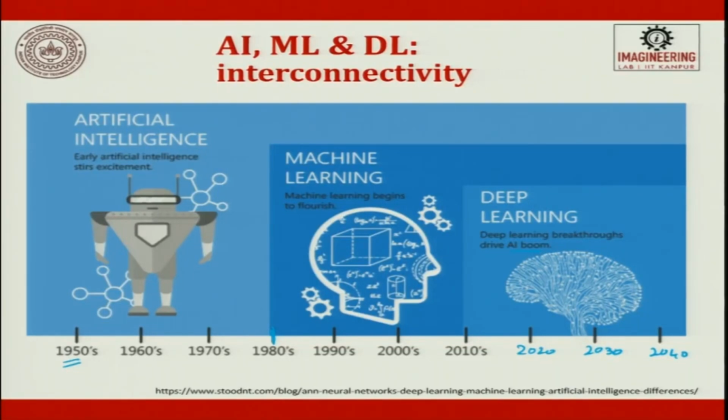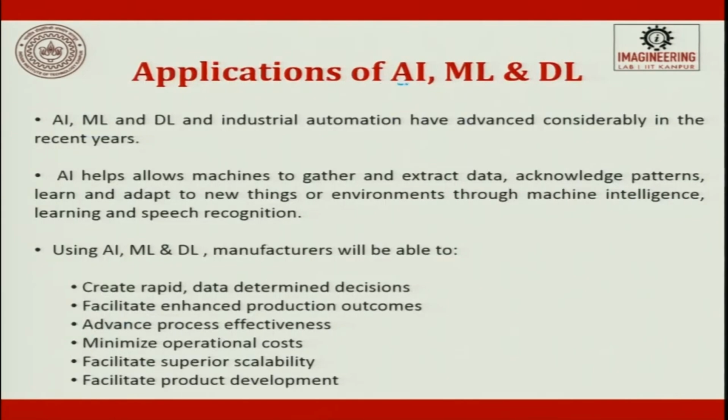It is only because of the tremendous data which got generated in the manufacturing scenario. Applications of AI, ML and DL in industrial automation have advanced considerably in recent years. AI allows machines to gather and extract data, recognize patterns, learn and adapt to new things or environment through machine intelligence, learning and speech recognition.